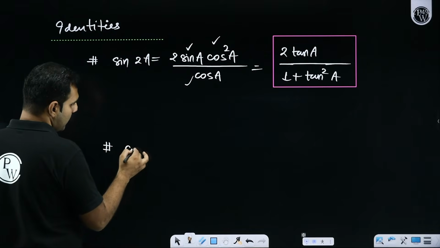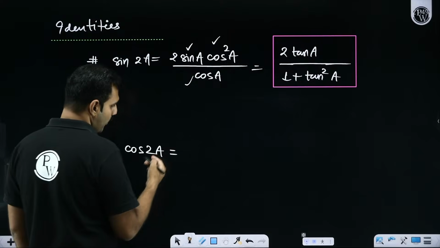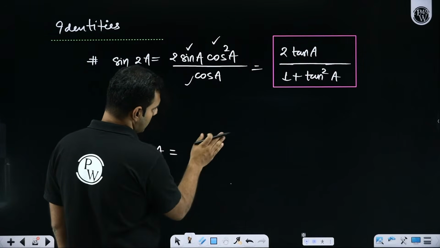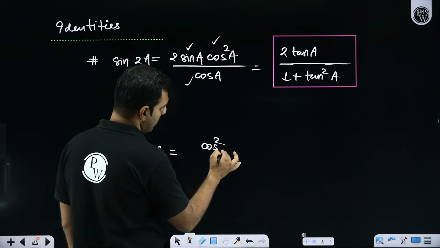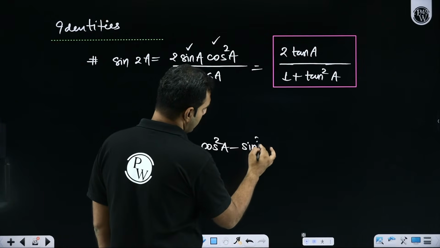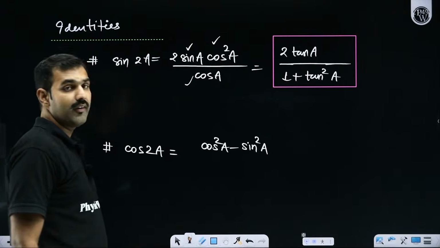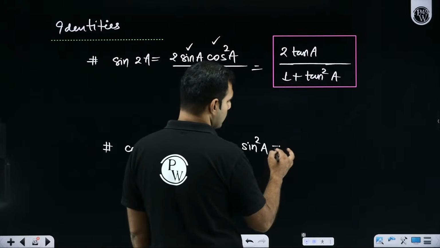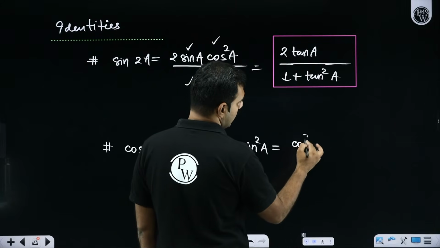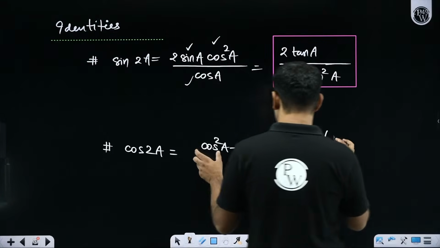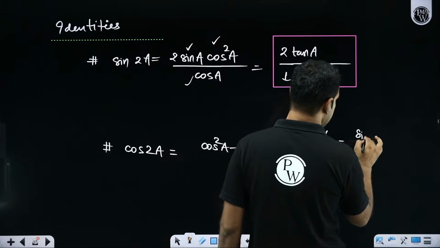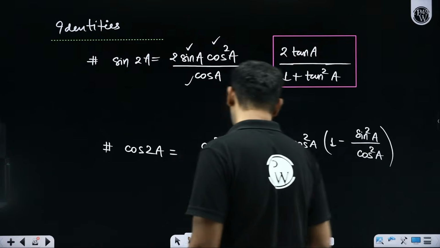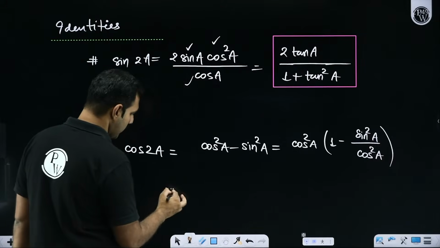Similarly, for cos 2A, what we know is it is cos square A minus sin square A. Remember that, everyone. What if I take cos square A common? Then this will become 1, and this will become sin square A upon cos square A. Yes or no? Everybody understanding whatever I'm doing here? Sir, what are you exactly trying to do?